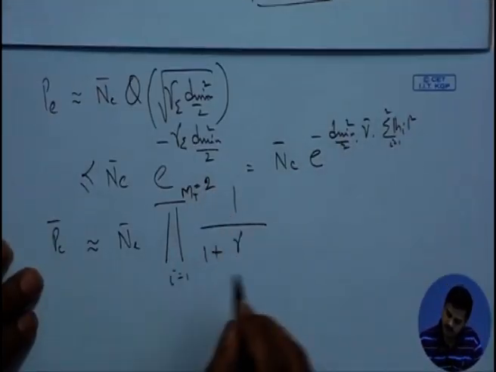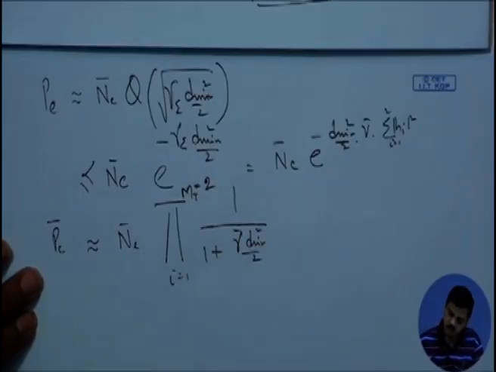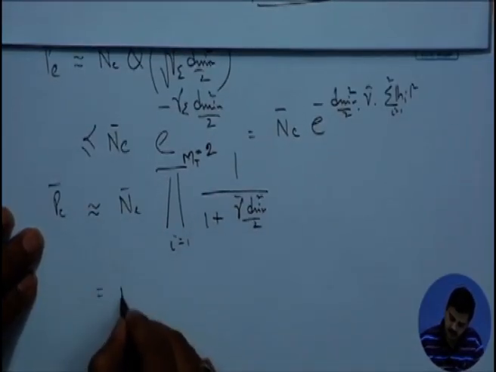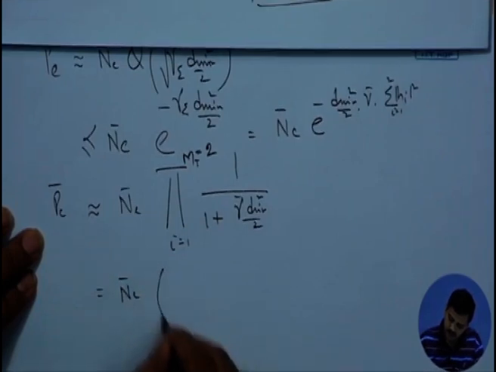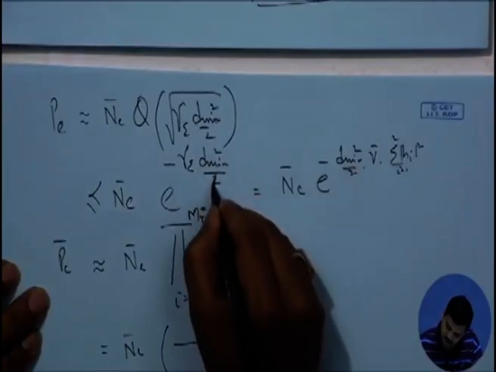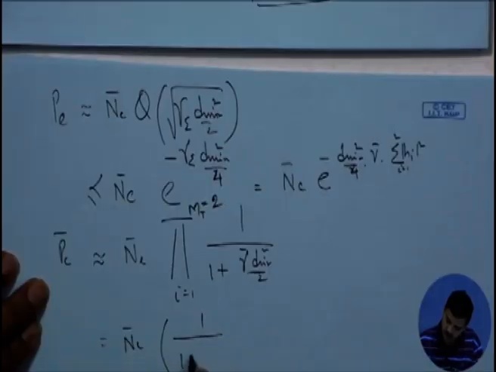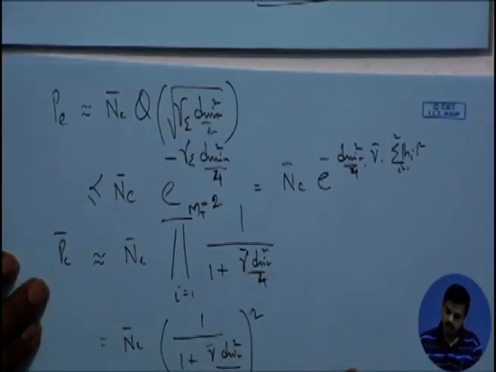So we have 1 to 2 gamma bar d mean squared by 2, right? So that is equal to NE bar. We have a 4 over here, 2 times, we have a 4 over here, 1 plus gamma bar d mean squared by 4 raised to the power of 2.